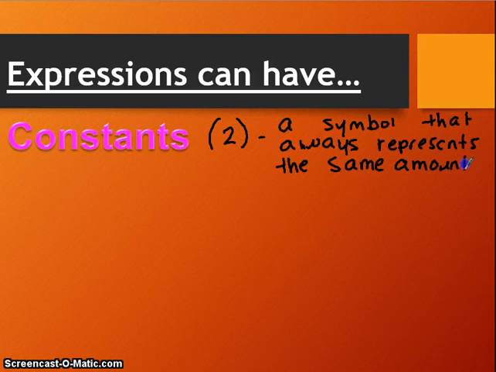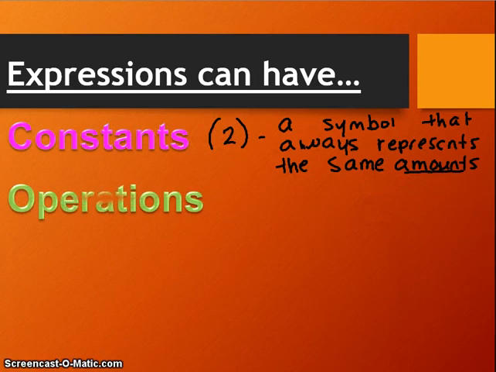So for instance, if we're talking about the 2 butterflies, or my 2 kids, or your $2, or 2 cars in the parking lot, the number 2 always represents the same amount, no matter what situation it is represented by.